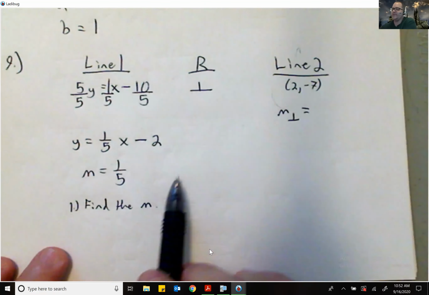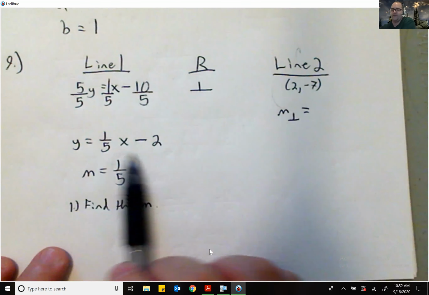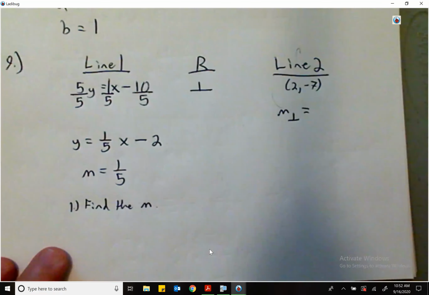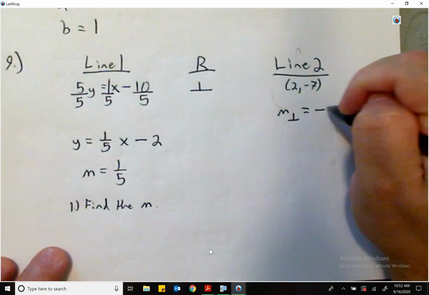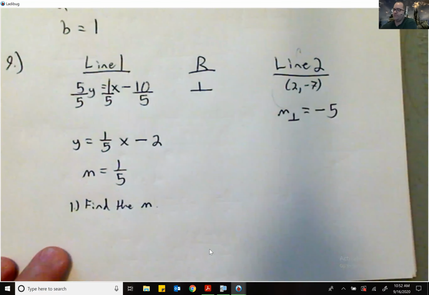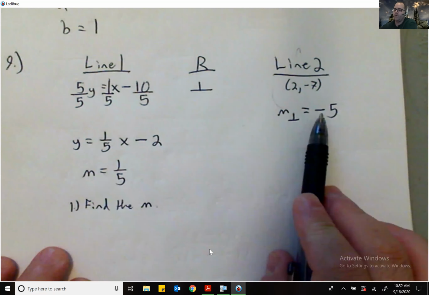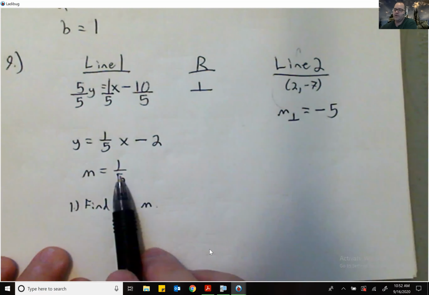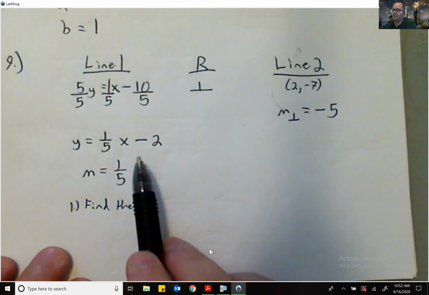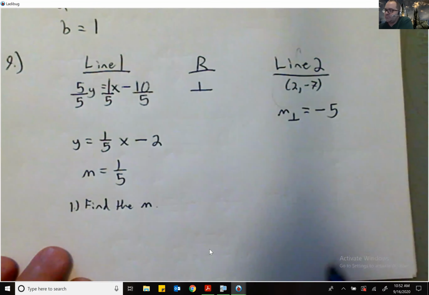So what is the slope that is perpendicular to 1/5? -5/1, which is -5. Yeah, there you go. -5, because the opposite of a positive is a negative, and when you flip this, you get 5/1, which is just 5. So that's step 2.